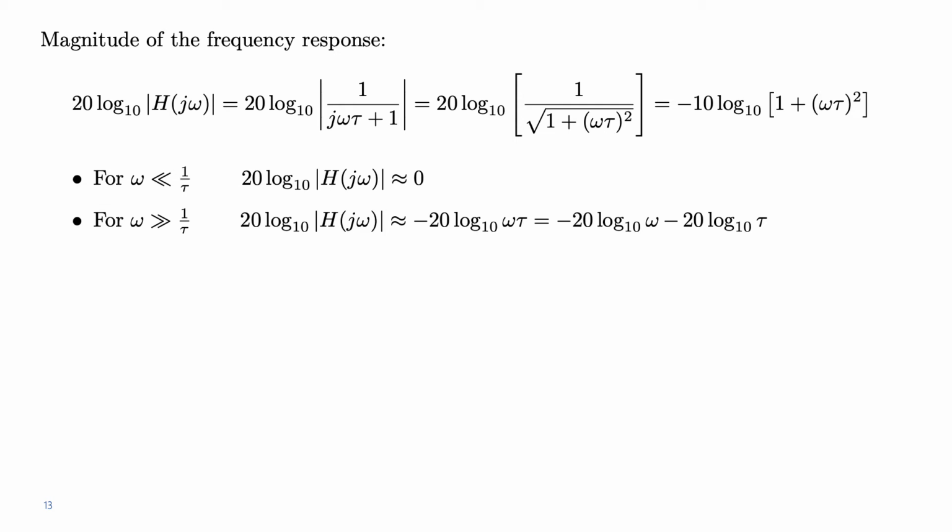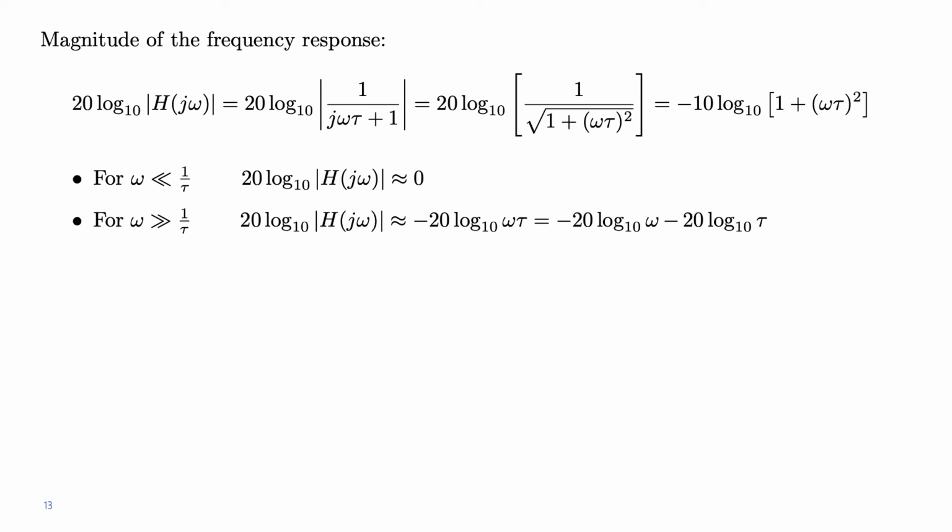So we can now calculate the magnitude of the frequency response and try to represent it in a way that we just learned, so through a logarithmic scale. To do that, we calculate 20 times the logarithm in base 10 of the magnitude of the frequency response H of j omega. Such frequency response, we've seen, is given by 1 over j omega tau plus 1. So through some simple manipulations, we first calculate the magnitude of such fraction.